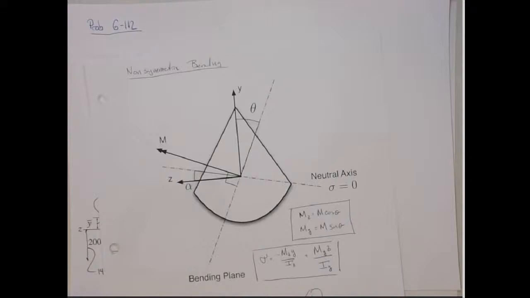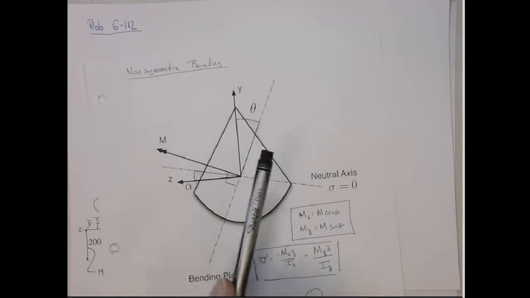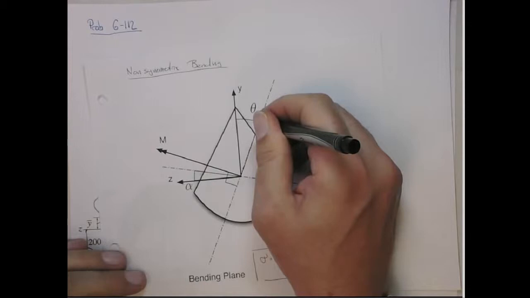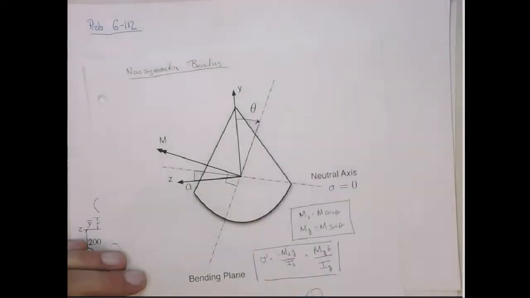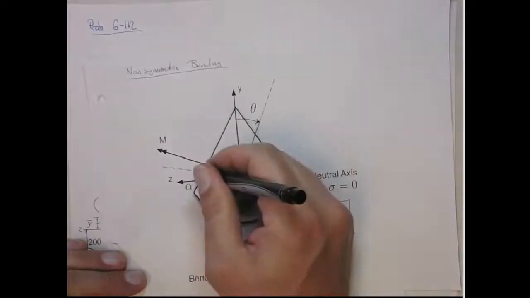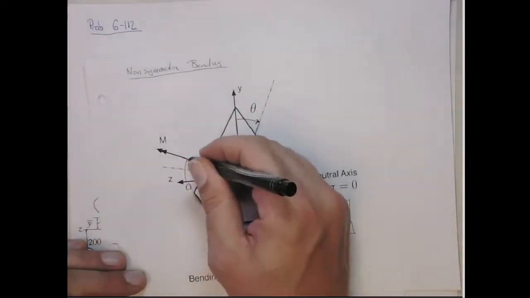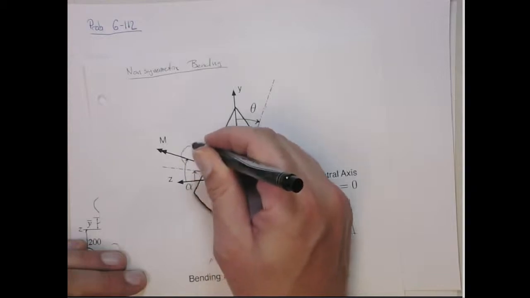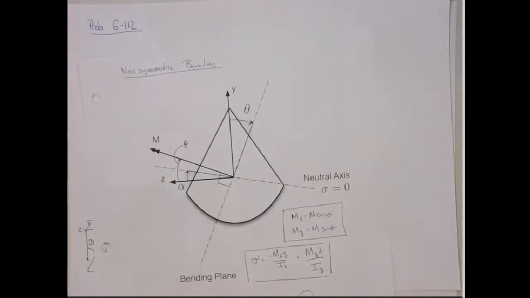If here's the bending plane, the angle theta is the angle between the y-axis and the bending plane. Or if you want to do it this way, this angle here is theta as well. It's the angle between the z-axis and the moment vector, right?